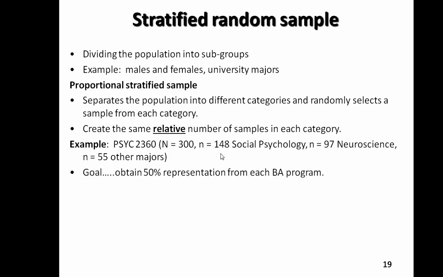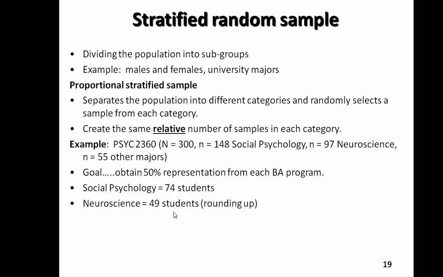The goal here is to obtain 50% representation from each BA program or each BA focus. And in order to do this, 50% of students in social psychology are randomly selected, 50% rounding up from neuroscience, and 50% from other majors, once again rounding up.